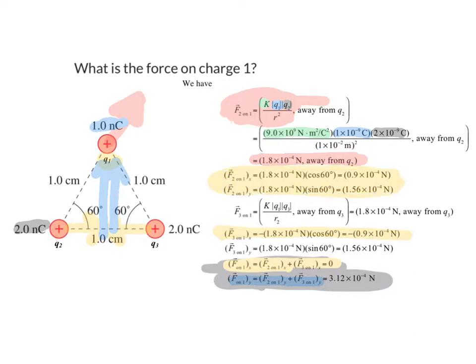That's just paying attention to the left side charge. Then F3 on 1, it has to be the same magnitude as the other one because it's all the same charge inputs. And then we're going to do the same business. Now let's be careful here.